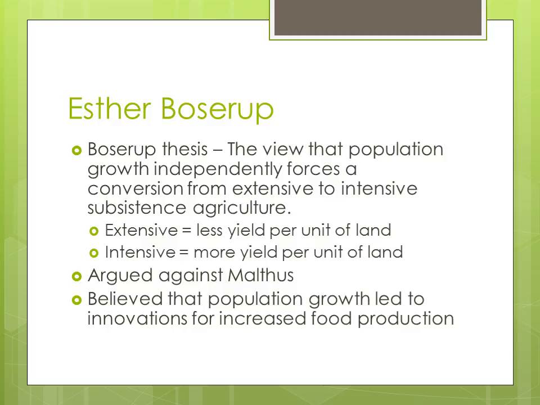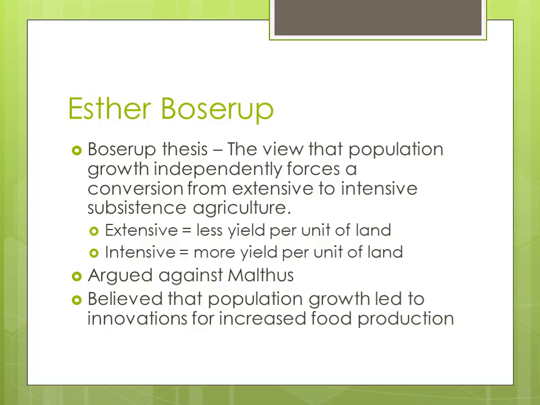And if you notice the past couple slides when we talked about shifting cultivation and nomadic pastoralism, we said that one of the biggest challenges for people engaging in that type of agriculture is population pressure, because it doesn't produce enough. So there's too much pressure being put on those agriculturalists to produce.